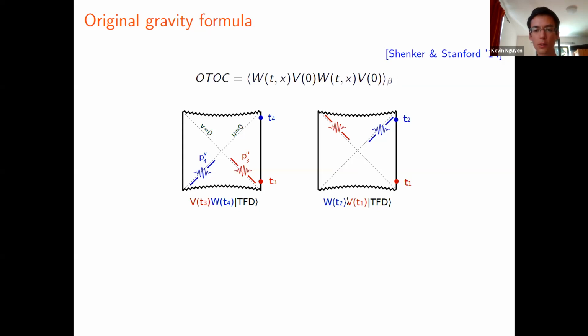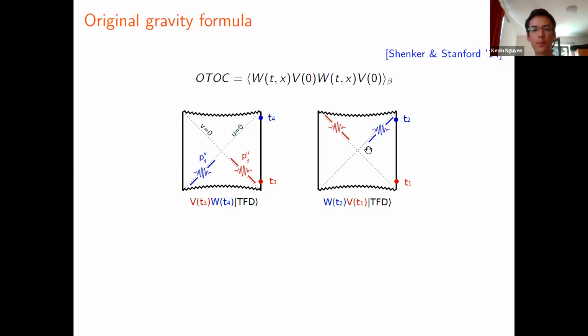where you insert some V operator at the boundary, time t1, followed by a W insertion at time t2. And the other state you need to consider is basically the same thing, but you have to reverse the order of these two operator insertions.